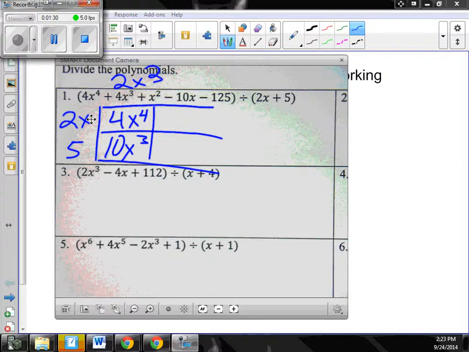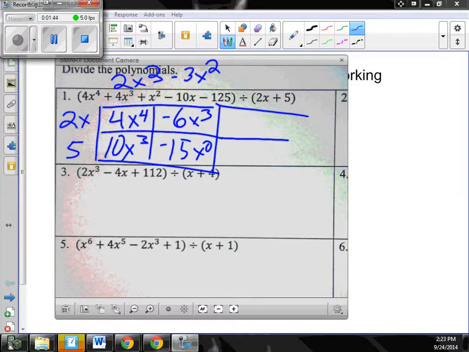Anyway. So, negative 6x to the 3rd, which would give me a negative 3x squared minus 15x squared. I have a negative 15, and I want a 1. So how do you go from negative 15 to 1? Add 16x squared, which on top is going to give me 8x.